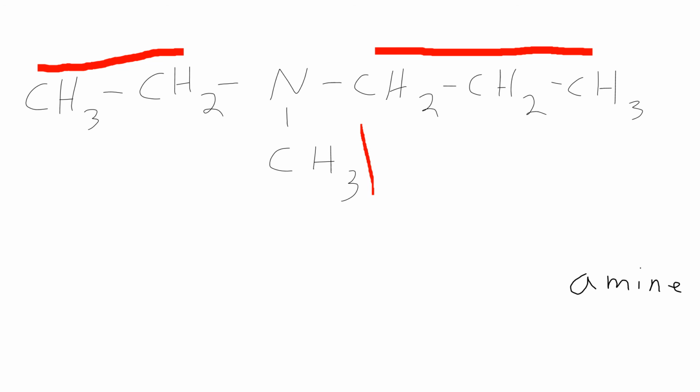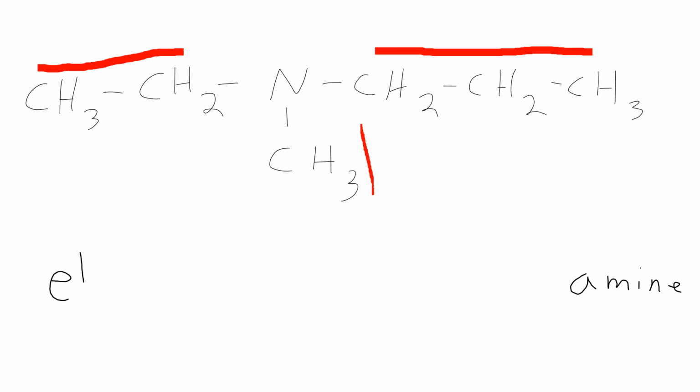Well, when I have all of these different groups, remember, I have to list them alphabetically. So I have an ethyl group, a methyl group, and a propyl group. I need to write those out alphabetically in order to describe them. So E is going to be first, so that's going to be the ethyl.